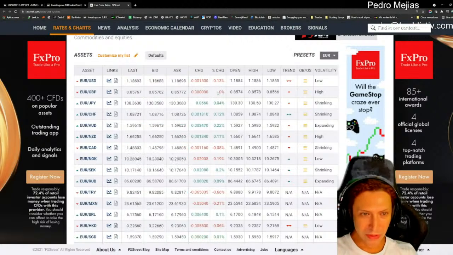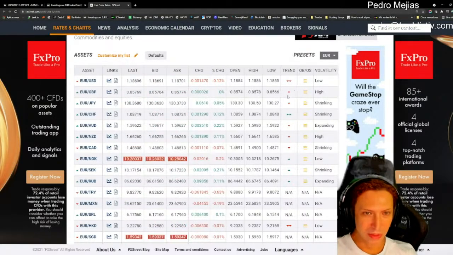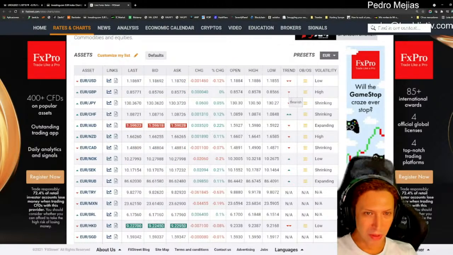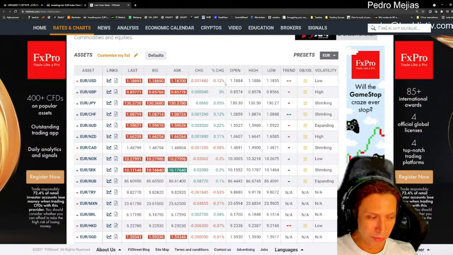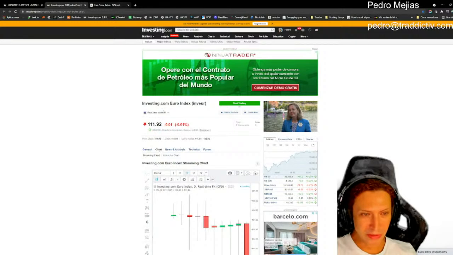With the pound, it's 0%, so not making any movement up or down at the moment. And against the yen, the euro is stronger, 0.04% during the day. But if we look at the trend shown on this website, you can see that it's all bearish, right?